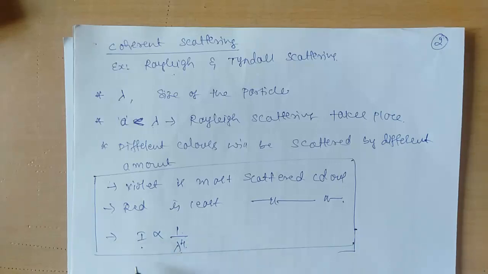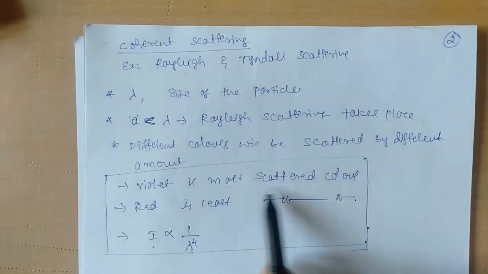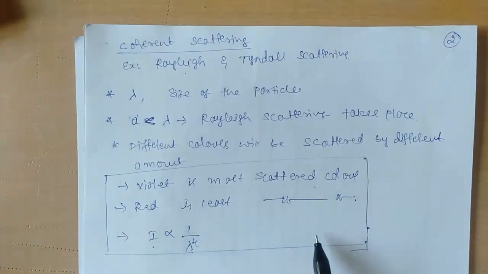Violet has a lesser wavelength, so it will have more scattering. Therefore violet is the most scattered color and red is the least scattered color.